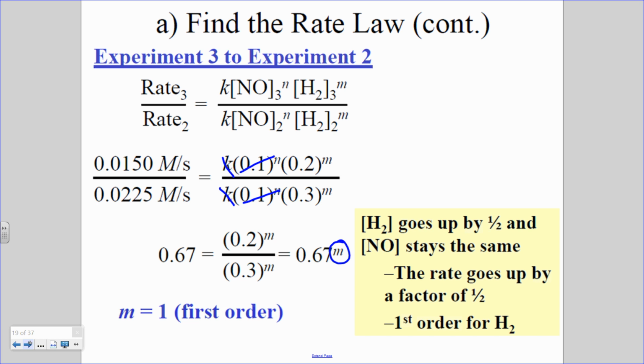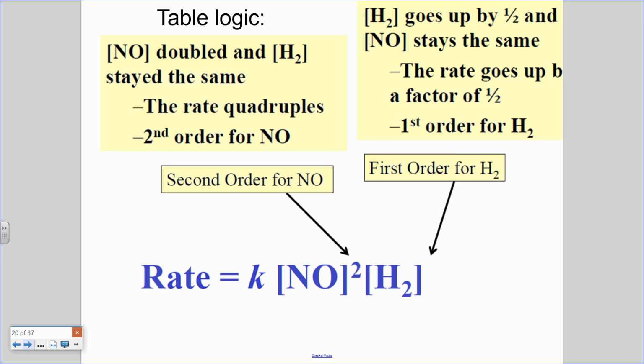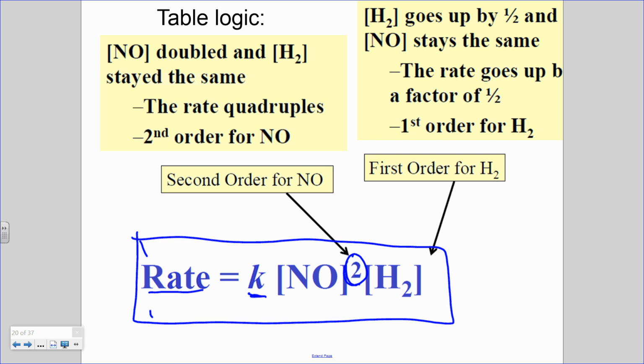So if we write our overall rate law, we can go back and write rate equals K. For this one, we found out it was second order. For this one, we found out it's first order. And so this is our rate law.